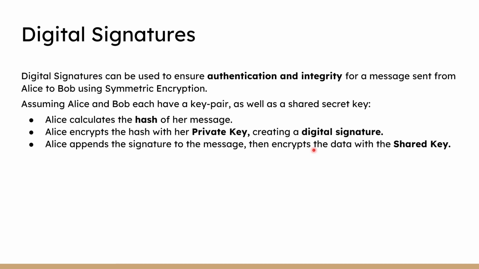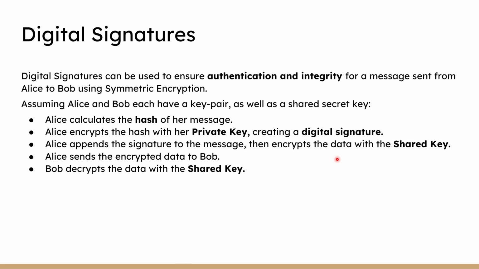And then she encrypts this whole package, so the message and the signature as one. She encrypts it with the shared key, because this is bulk data, so we use symmetric encryption here. And then we send this data, so no one else can open it because it's been encrypted with the symmetric key. Then Bob receives it and decrypts it with the shared key.